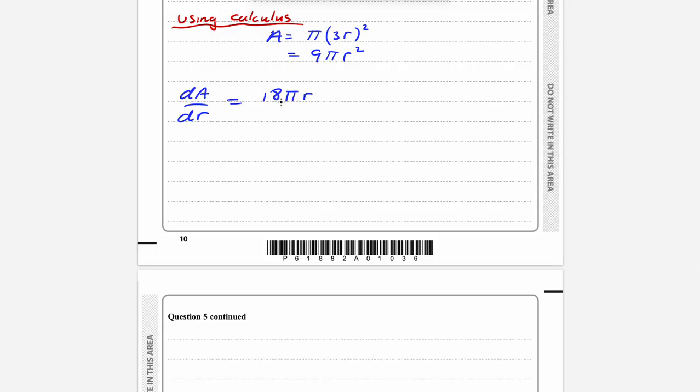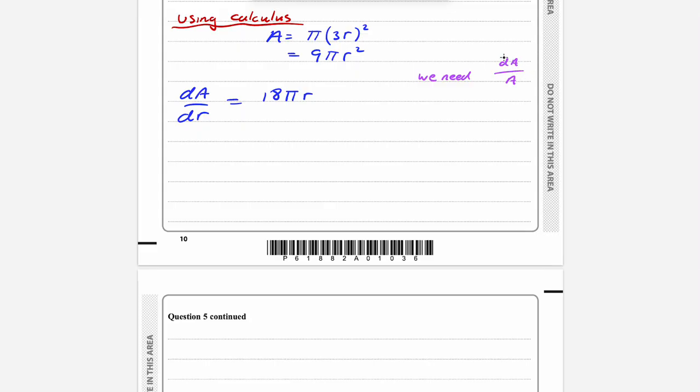What we're actually trying to find, guys, because dA means the change in A and dr means the change in r, is dA over A, because this is the change in A over A. If we do this times 100, we'll get the percentage change.